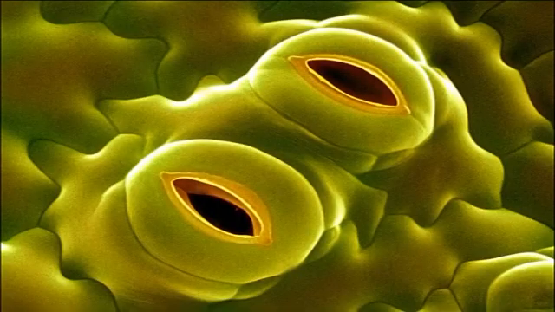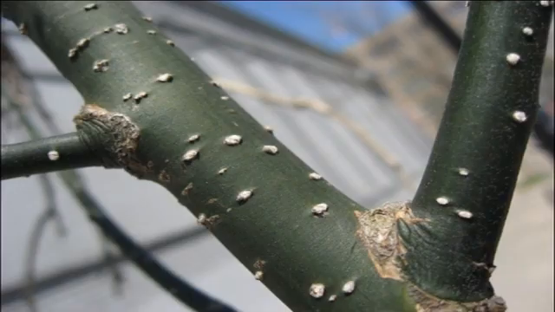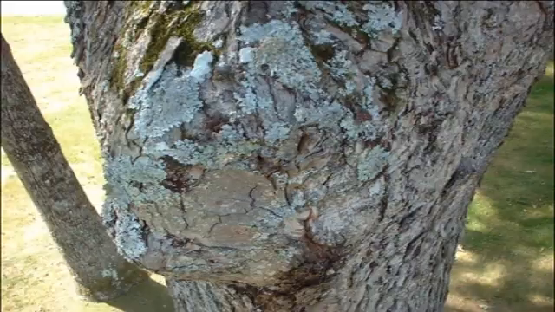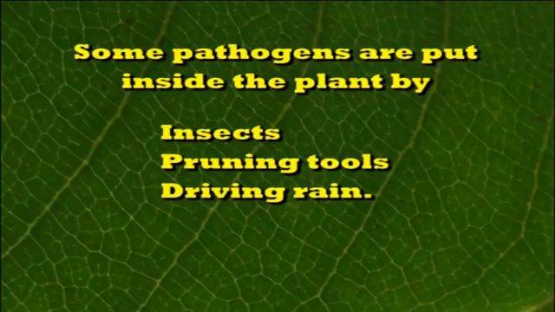Some pathogens can swim through water on the plant surface and into the plant through natural openings such as stomata, lenticels or hydathodes, or through wounds. Some pathogens are put inside the plant by insects, pruning tools or driving rain.